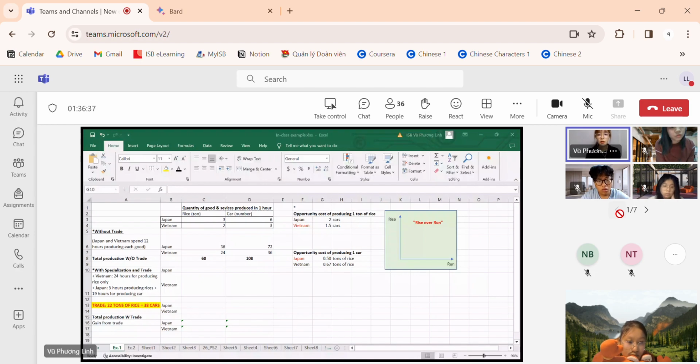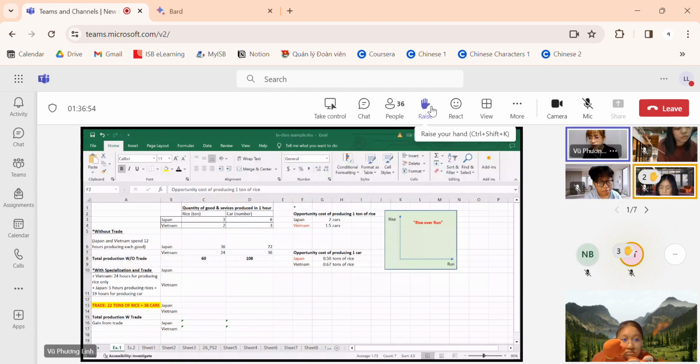All right, so now your conclusion here. What is your conclusion from our estimation for Japan and Vietnam? Can you tell me about comparative advantage? Anyone else? Okay, Uyên Phương. So I can say that for 1 ton of rice, the opportunity cost of Japan is higher than Vietnam, while the opportunity cost for 1 car in Vietnam is higher than Japan.